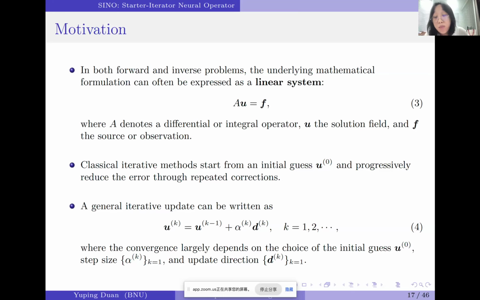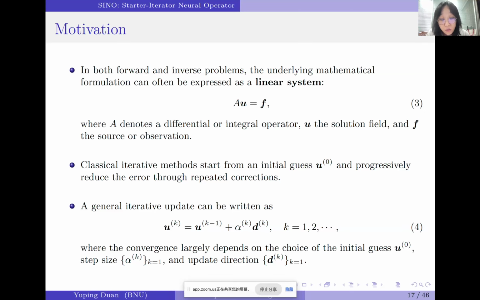Now I come to the main methods. Many forward and inverse problems can be written, after discretization, in the form of AU equals F, where A denotes the differential or integral operator, U is the solution field, and F is the source or observations.